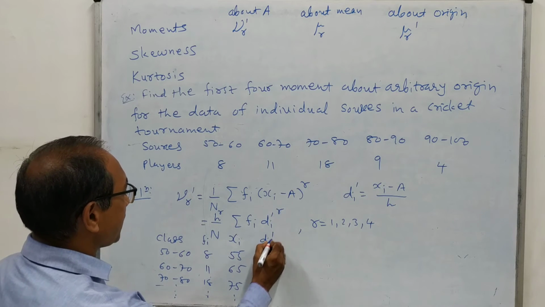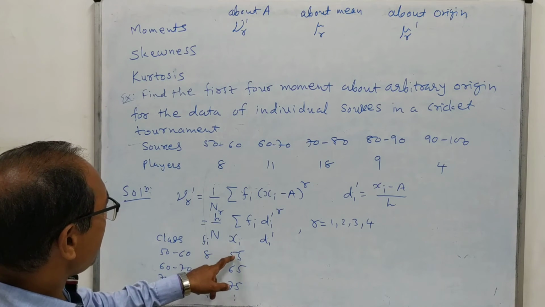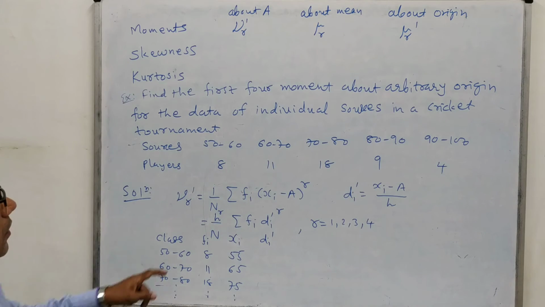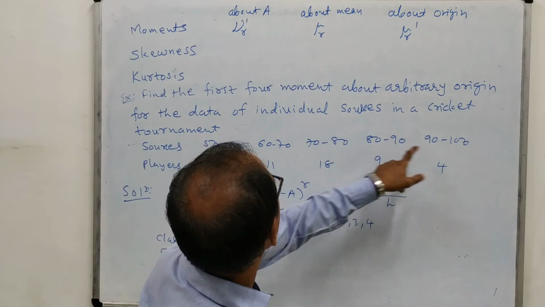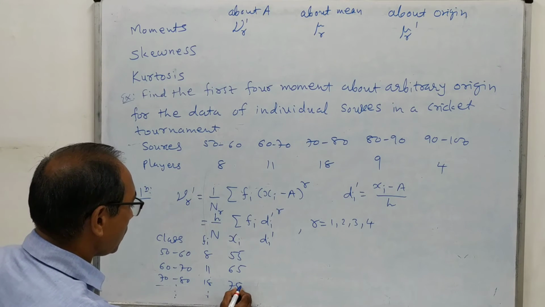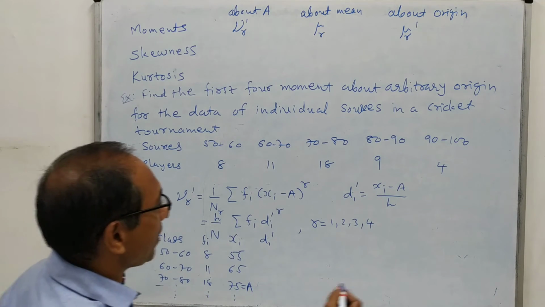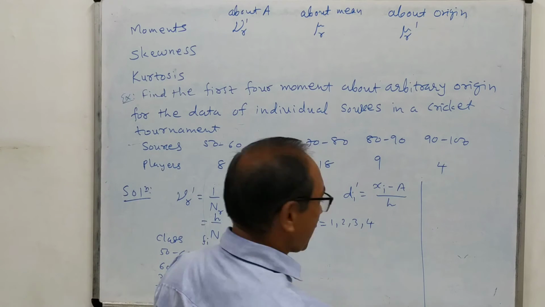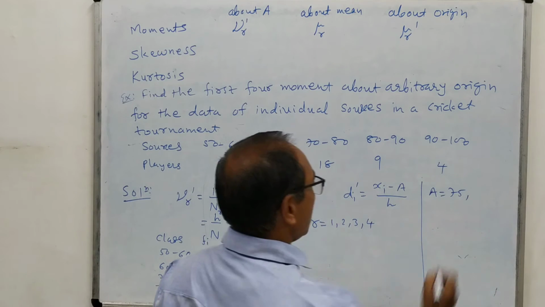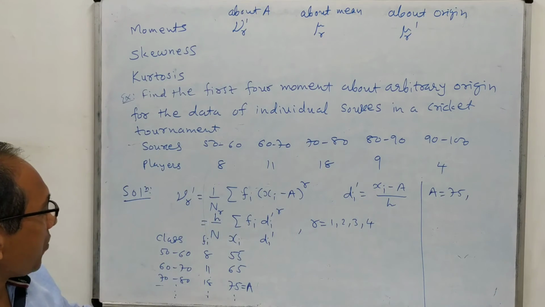Now di dash can be obtained from xi. Here we will assume some value of a. So what will we assume here? There are also other values, so it will be the central value. We will assume this equal to a. That means simultaneously below the table we also write down the calculation process.